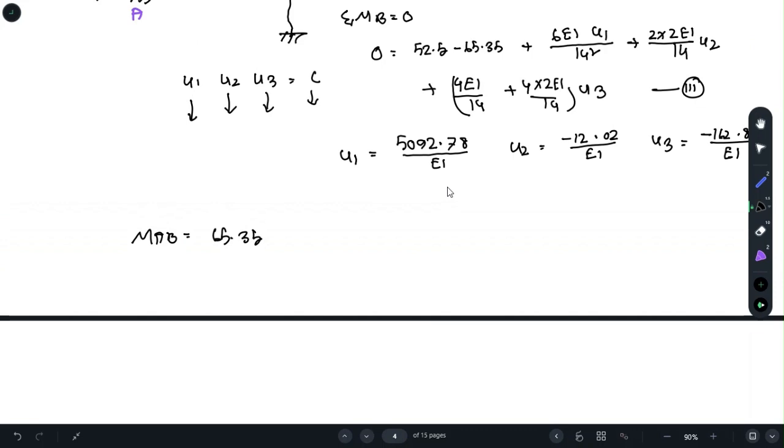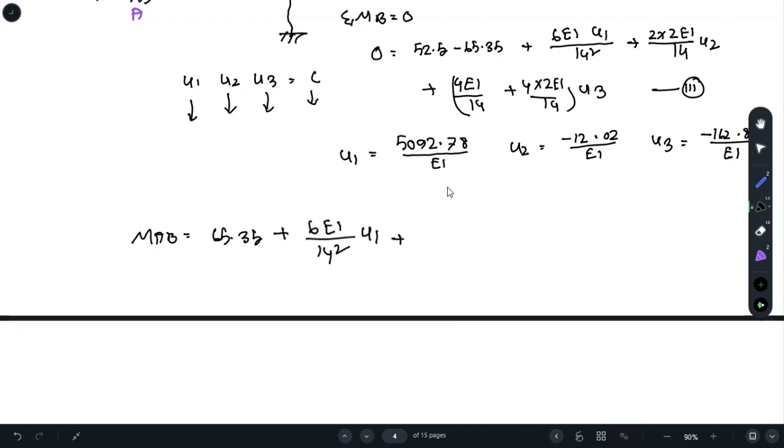So from the Doki E1, you're getting a moment of 6 EI over 14 squared E1. This is another moment you're getting for the application of Doki U1. What about the application of U2, the second Doki?